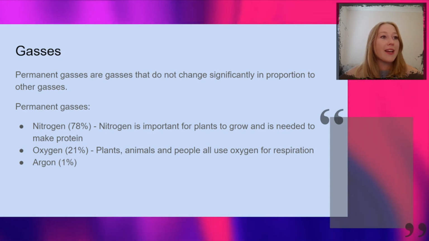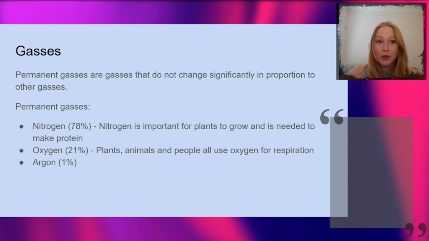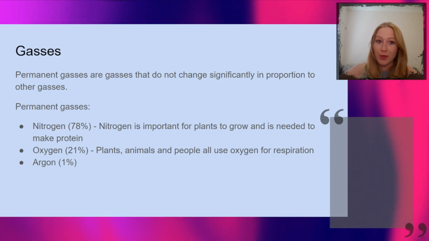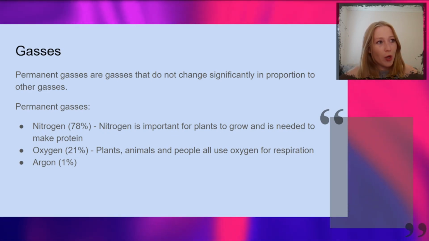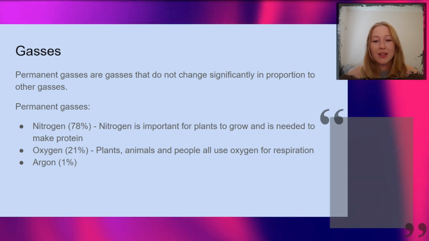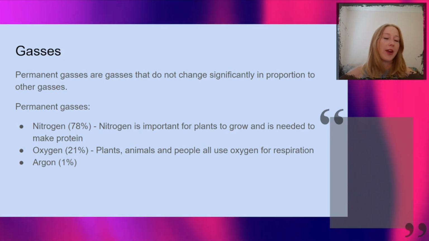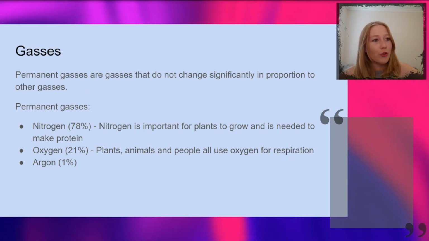Okay, so gases, we can generally categorize the gases into two main groups. The one is a permanent gas and the other is a variable gas. What makes a permanent gas permanent is that the proportion of that gas doesn't really change very much. Not significantly, not notably.